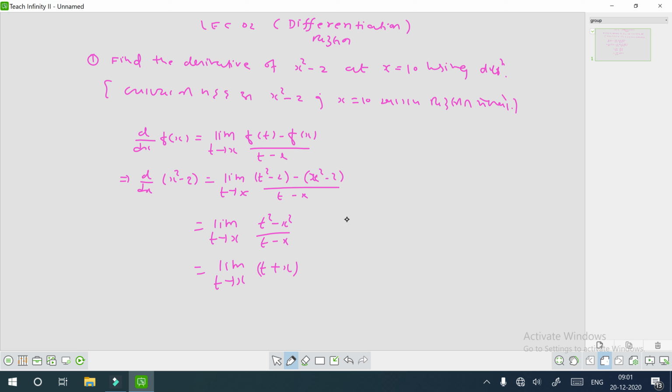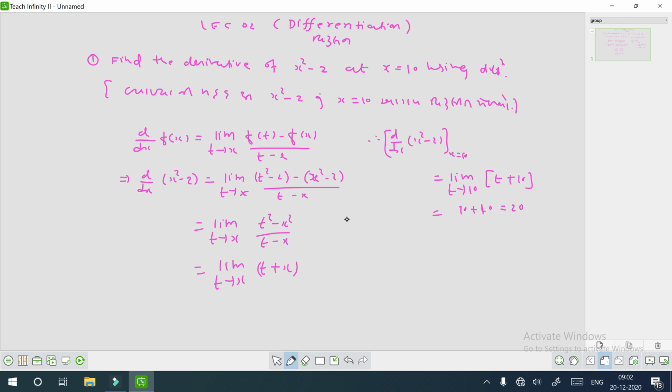Now you can write it. And therefore d by dx of x square minus 2 at x is equal to 10 is equal to limit t tends to 10 of t plus 10. Yes or no? Yes. 10 plus 10, that comes out 20. Sorry, somewhere some mistake is there. x square minus 2, 2x.